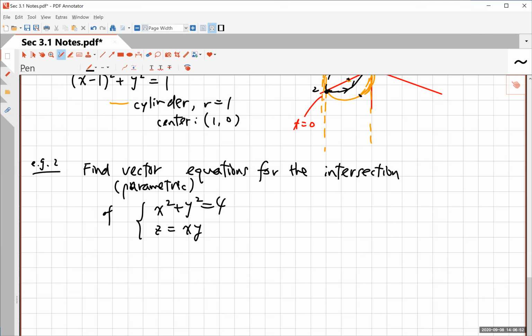Think about this, maybe you can sketch the graph of this too. All right, see if you can do that. And you can pause this recording and come back to it if you like.